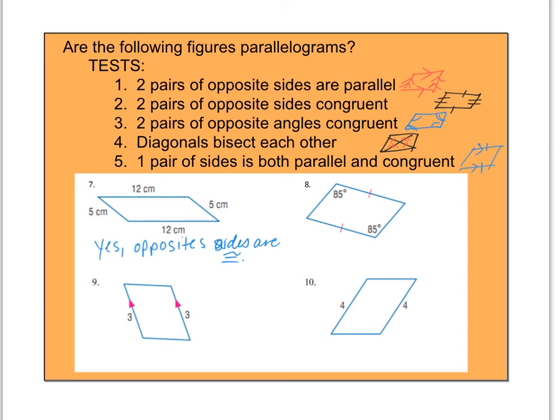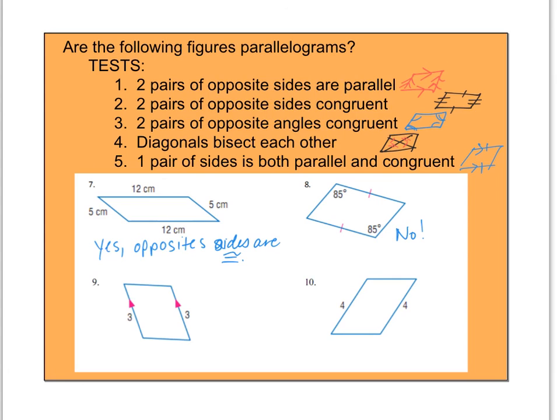Both pairs of opposite sides are congruent, so it is enough to know that it is a parallelogram. Take a look at number 8. Is there enough information there to know if it's a parallelogram? Well, we have one pair of opposite sides, but not both. And we have one pair of opposite angles, but not both. So we do not have enough information there. We do not know if that's a parallelogram.